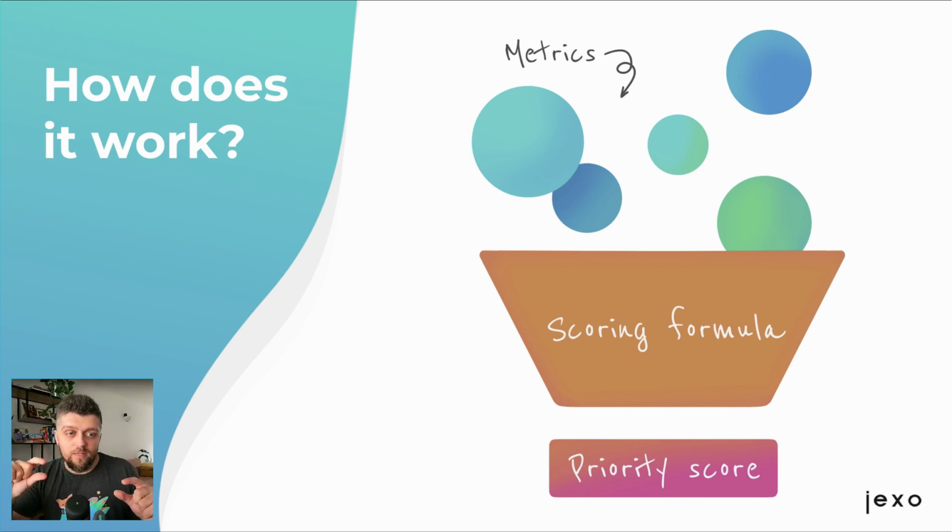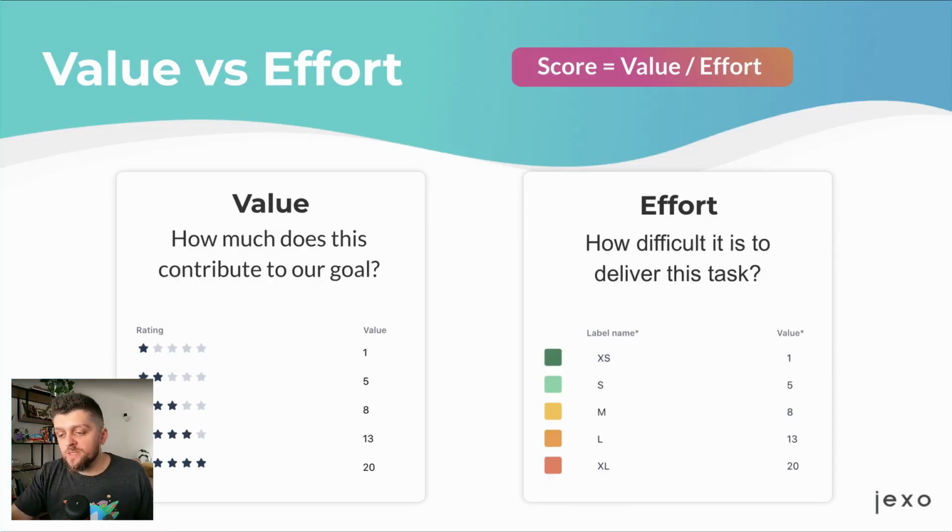The scoring formula is again based on the metrics, the factors that you take into consideration, and we'll show a few examples of these factors and metrics as well as a scoring formula. We'll start with the easiest one, I would say, because the reason why this is the easiest and the simplest to understand is because fundamentally we're just adding another factor to the prioritization decision.